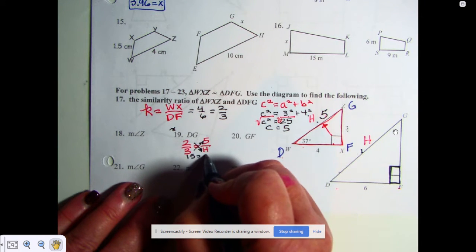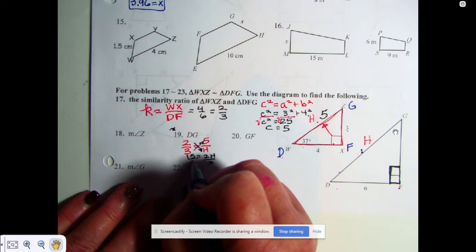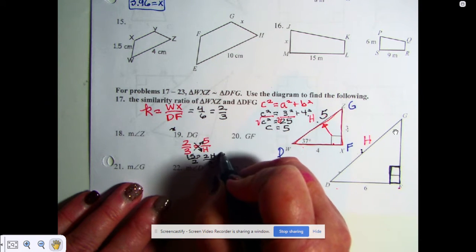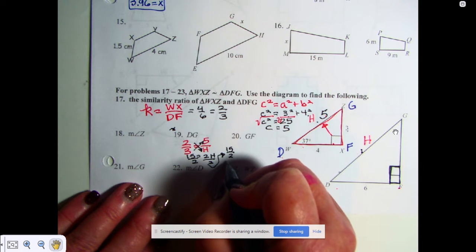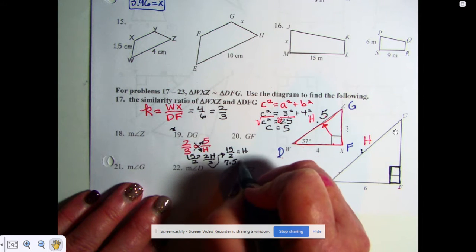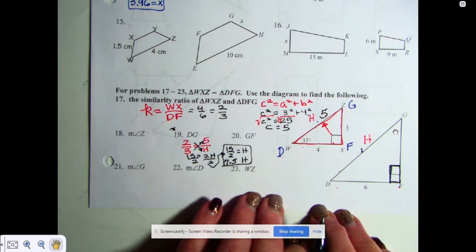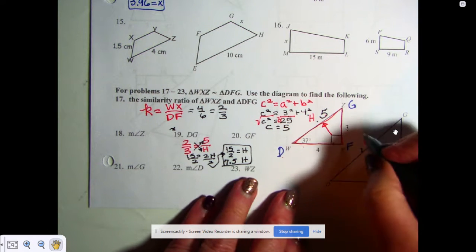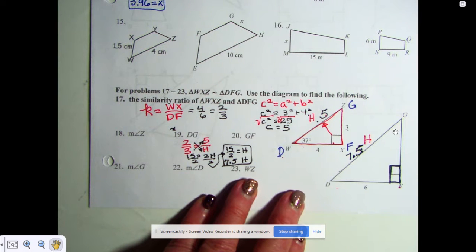Downstairs and multiply, we get 2H. Now we divide both sides by 2. I get 15 over 2, or 7.5 equals H. So I can put 7.5 right here.